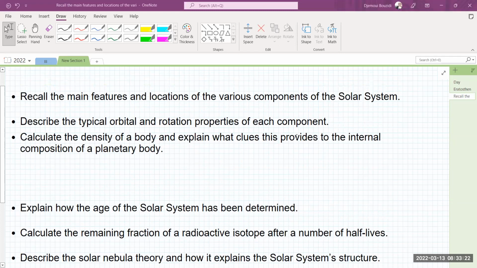Let me share the screen so that we can see what we're covering in units 34 and 35. Basically, the units deal with the entire solar system as an entity, its structure, and also its origins.